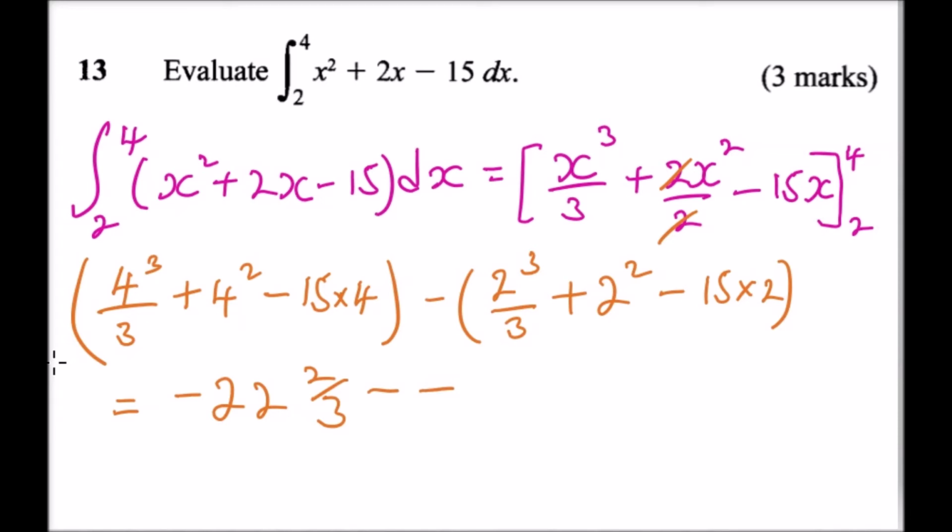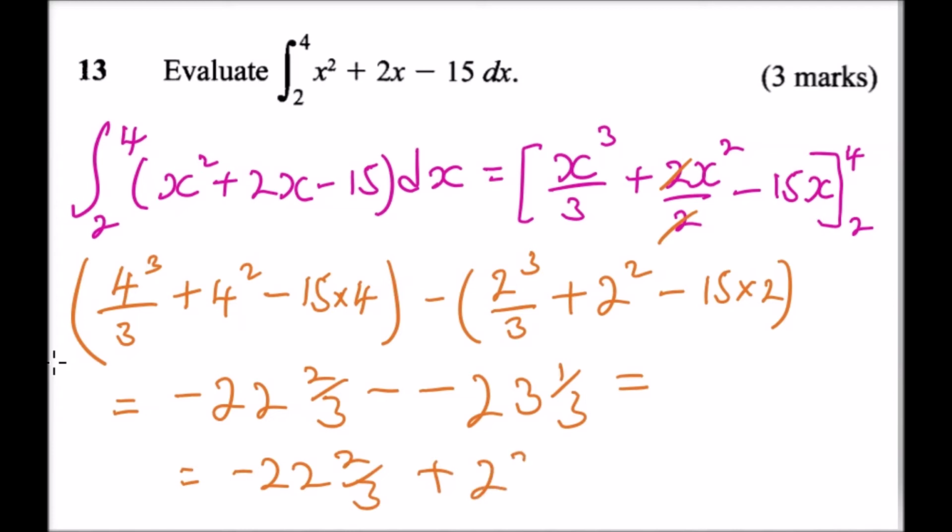So minus 23 and a third, and when you subtract that, this will change to addition. So this is equals to minus 22 and 2 thirds, plus 23 and a third, and you should get 2 over 3.